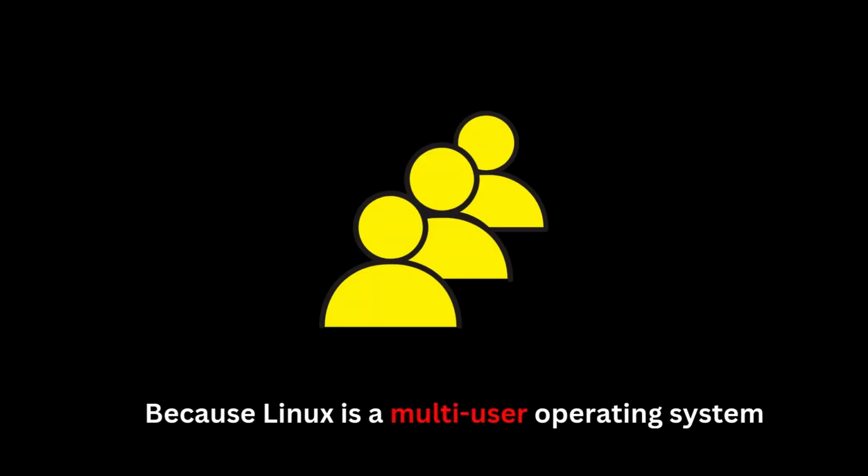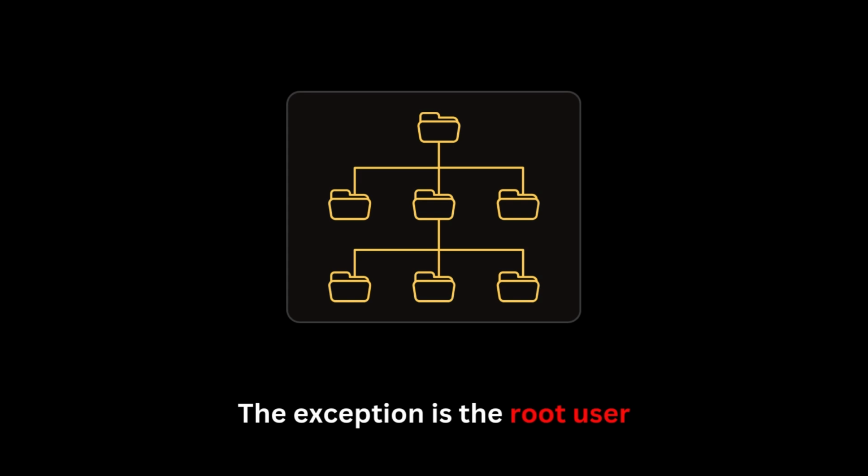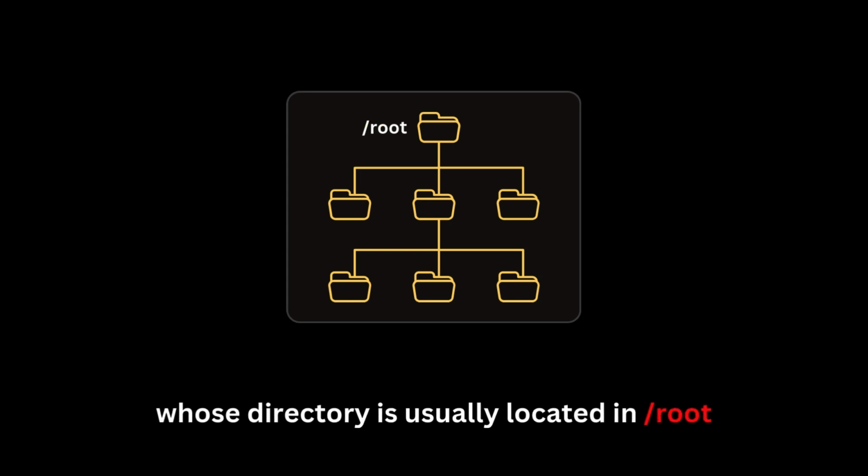Because Linux is a multi-user operating system, all user directories are under /home. So, for example, you might see /home/ubuntu or /home/junior_it. The exception is the root user, whose directory is usually located in /root. Finally, we have /tmp, which is used for temporary files.